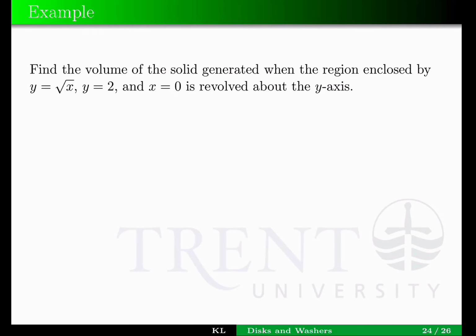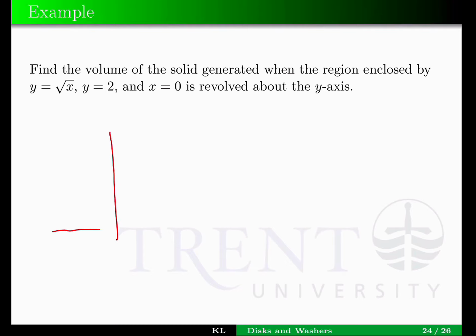Let us see. Find the volume of the solid generated when the region enclosed by y equals square root of x, y equals 2, and x equals 0 is revolved about the y-axis. Try to sketch the region.